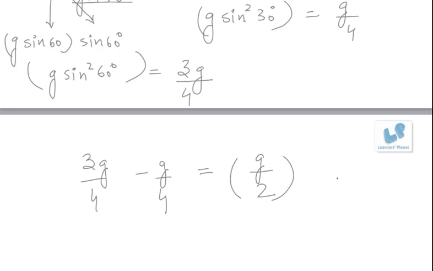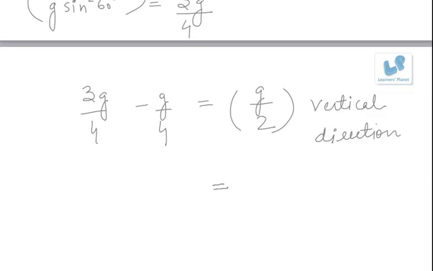Now this acceleration is the relative acceleration in the vertical direction, which will be equal to 9.8 divided by 2, equal to 4.9 meter per second square. So option D is correct.